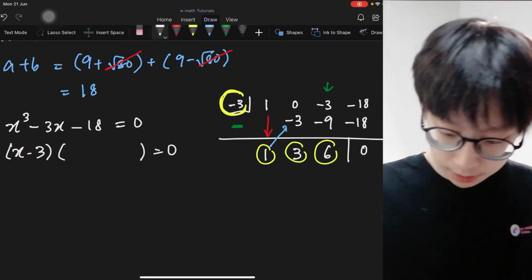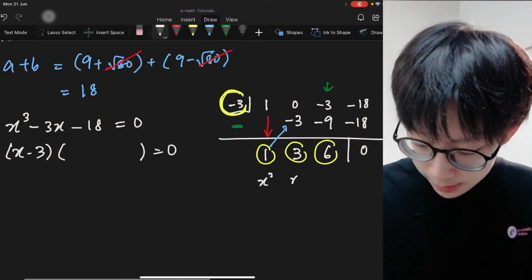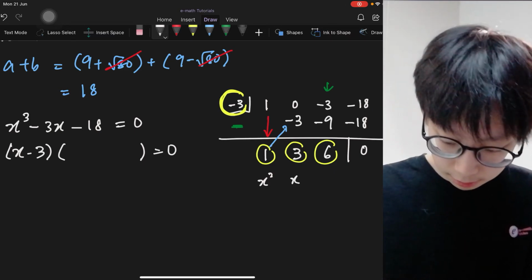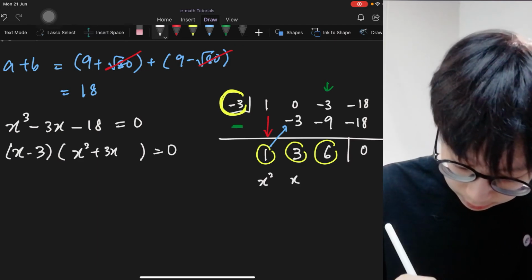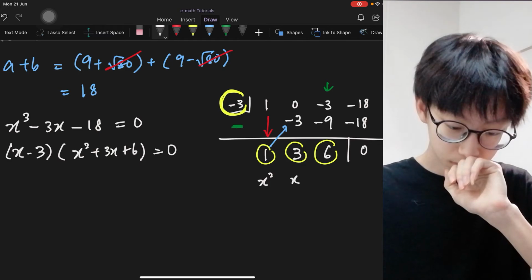Then what's left is very simple. These are the coefficients for x squared, for x, and the constant. So it is just x squared plus 3x plus 6.